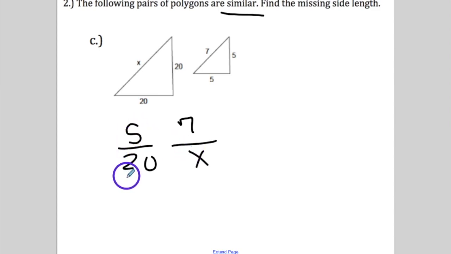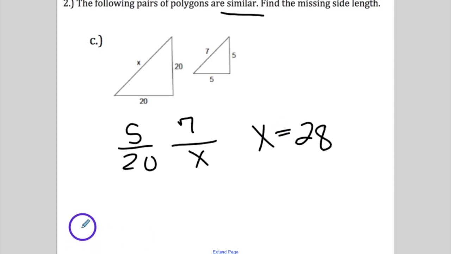So 5 to 20, you're asking yourself, what's that scale factor? That'd be a multiple, multiplying by 4. And so then 7 to x multiplying by 4, we can see here that x must be 28. So these would be your most basic similarity problems where you're just looking for that scale factor.